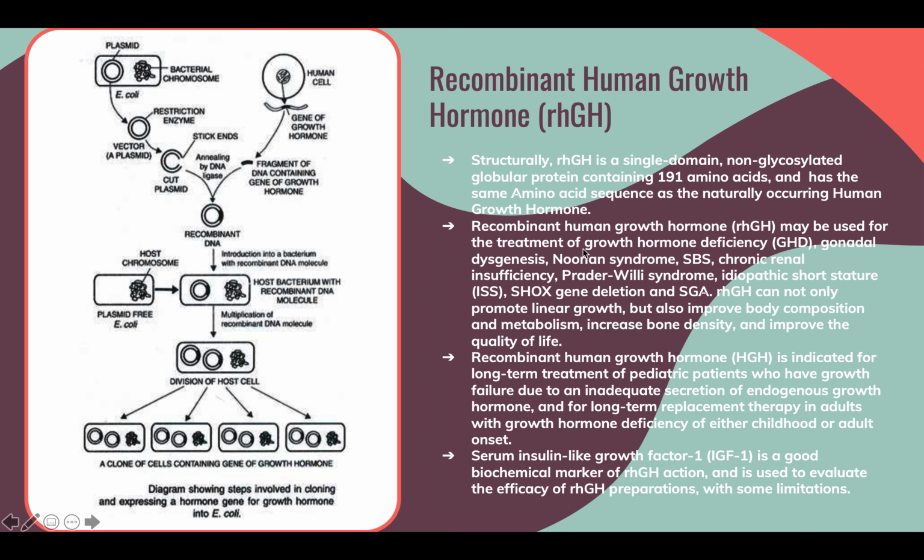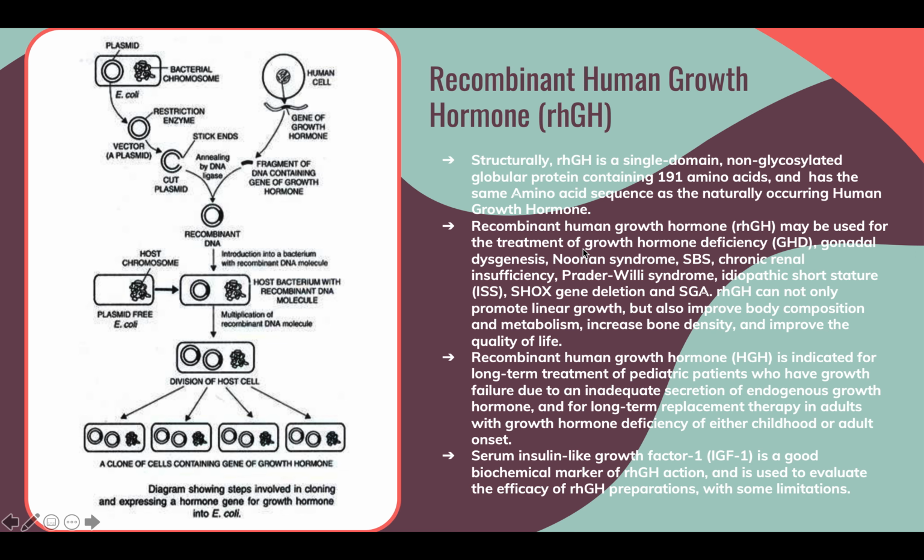So in addition to its utilization for the treatment of growth hormone deficiency, recombinant human growth hormone can be used for a wide range of reasons and to treat a wide range of health conditions.